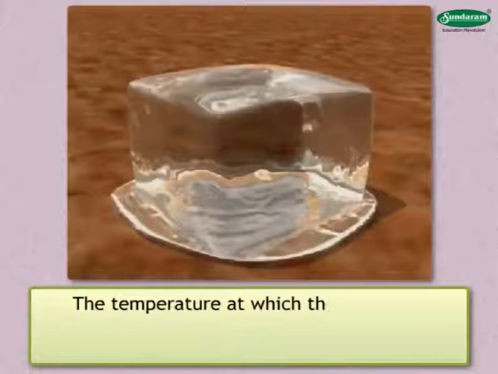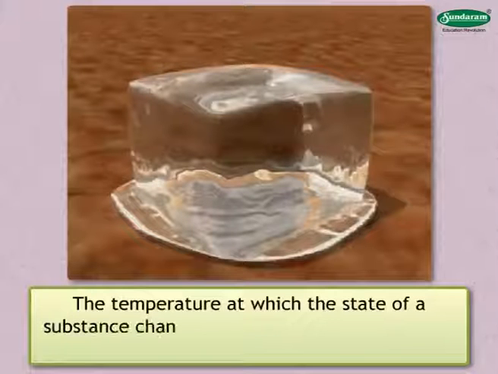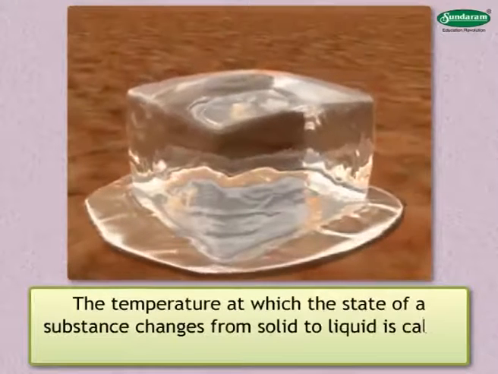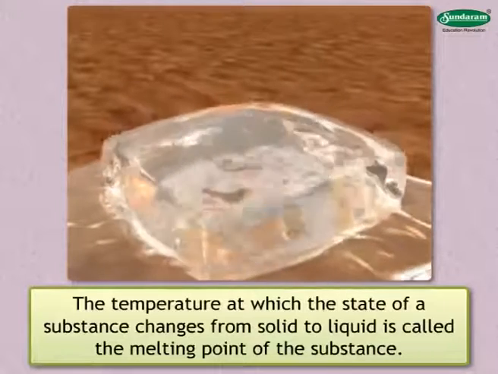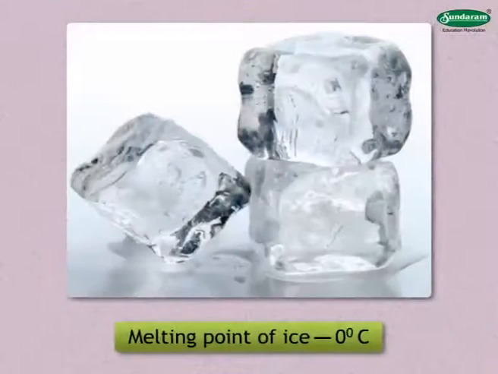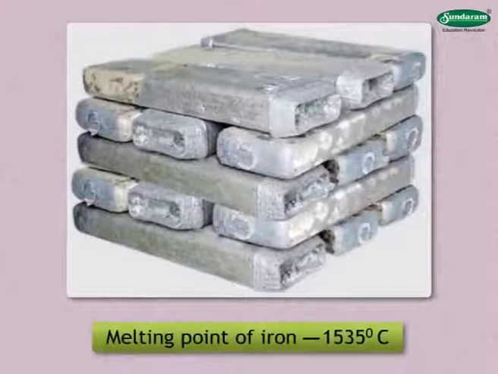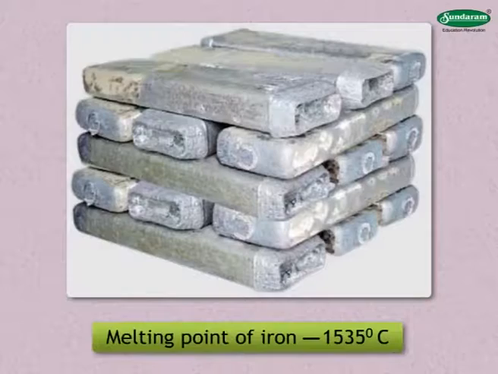The temperature at which the state of a substance changes from solid to liquid is called the melting point of the substance. Example, melting point of ice is 0 degrees Celsius, while that of iron is 1535 degrees Celsius.